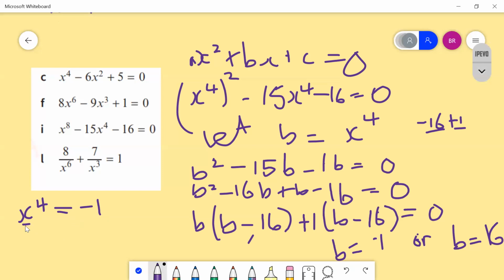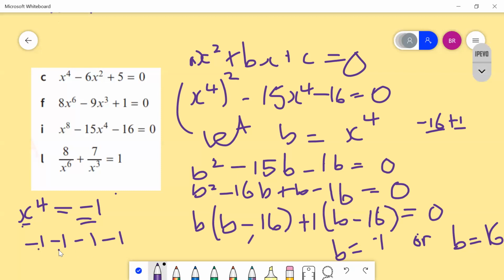We are looking for a number. If we multiply it 4 times, we should get this one. Let's say x is minus 1. Minus 1 times minus 1 times minus 1 times minus 1.